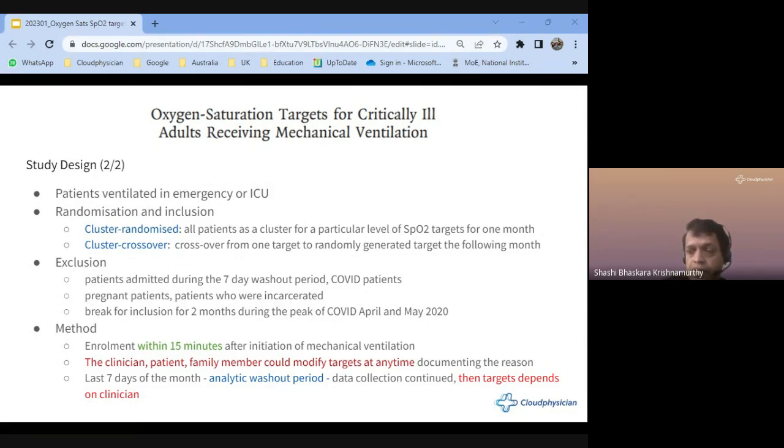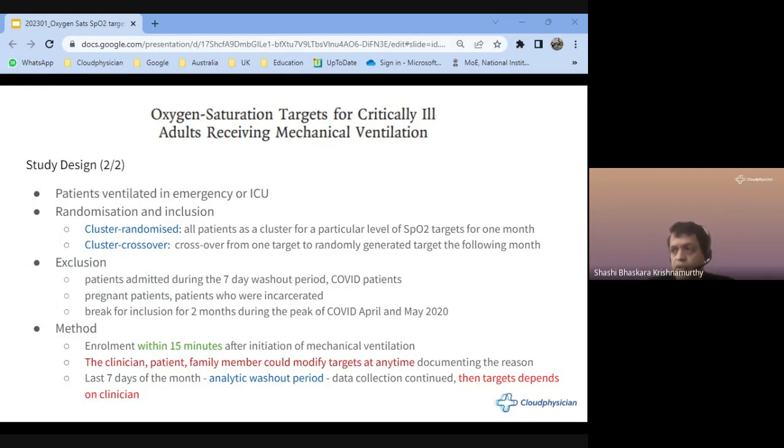And the last 7-day period was considered as a washout period, probably like a changeover from one group to the other, and no new patients were randomized into the study despite being admitted.